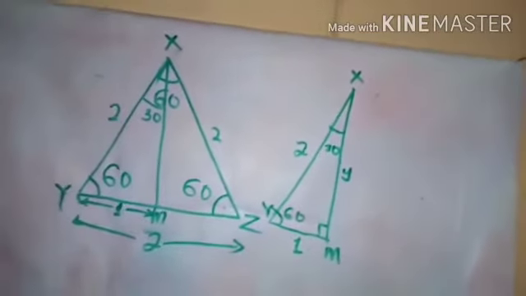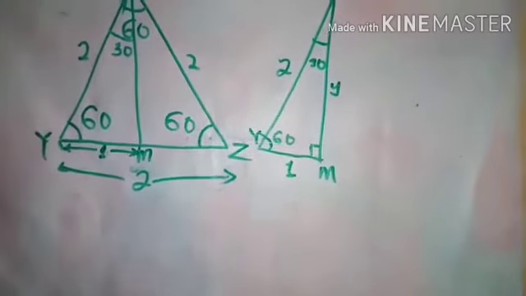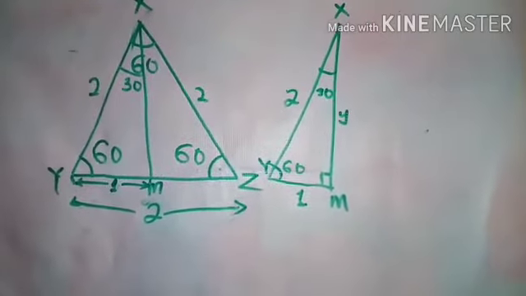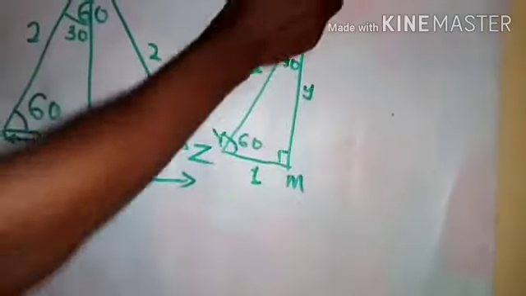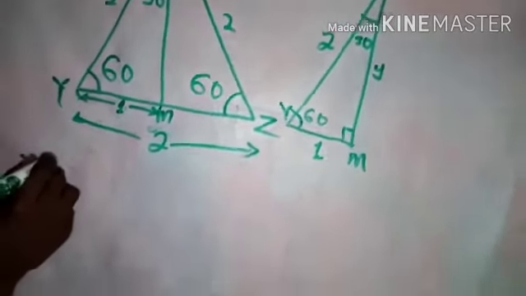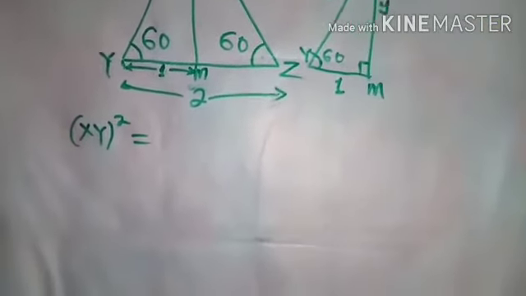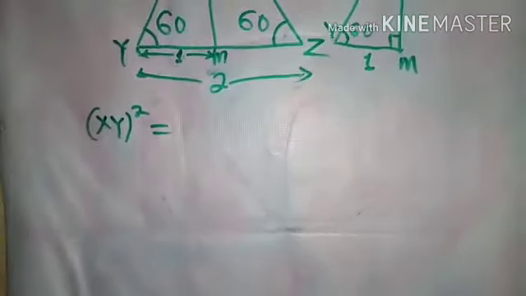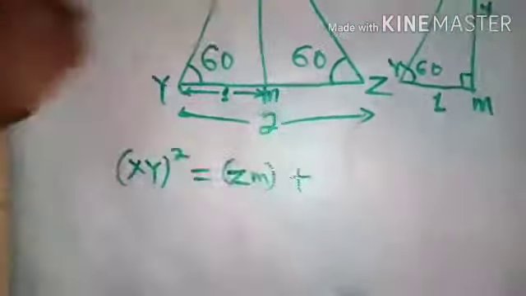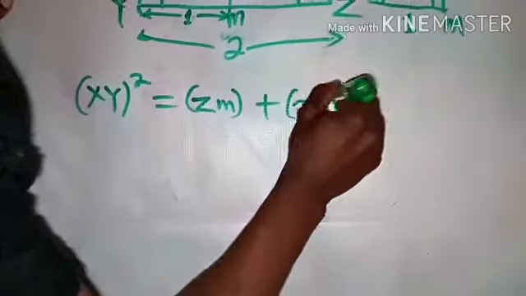We're going to use Pythagoras theorem. The formula for Pythagoras theorem is that the square of the longest side, the longest side is xy, equals the sum of the squares of the two other sides, zm squared plus xm squared.